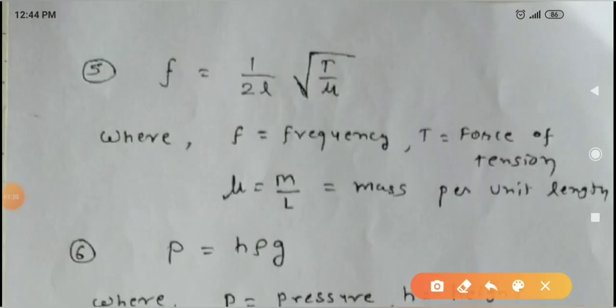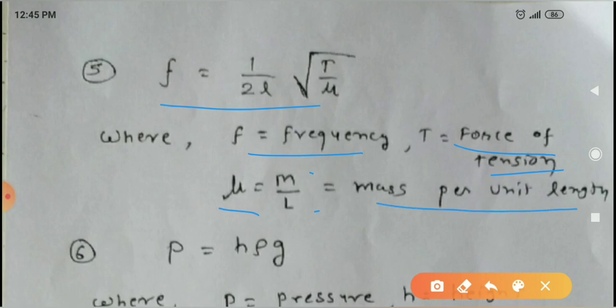Next question is F equals 1 upon 2L under root T upon mu, where F is frequency, T is force of tension. This is new to all of you; we have to discuss it in the 5th chapter in detail. As far as this question is concerned, T has the dimensional formula of force, mu is m upon L, that is mass per unit length.